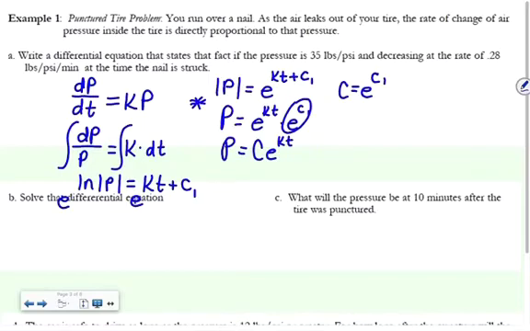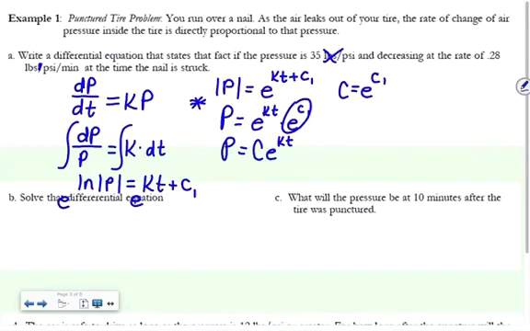Okay? Now we have to go back to this problem that says write a differential equation that states the fact that if the pressure is 35 pounds per square inch, so it's just 35 psi, and decreasing at a rate of 0.28 psi per minute.